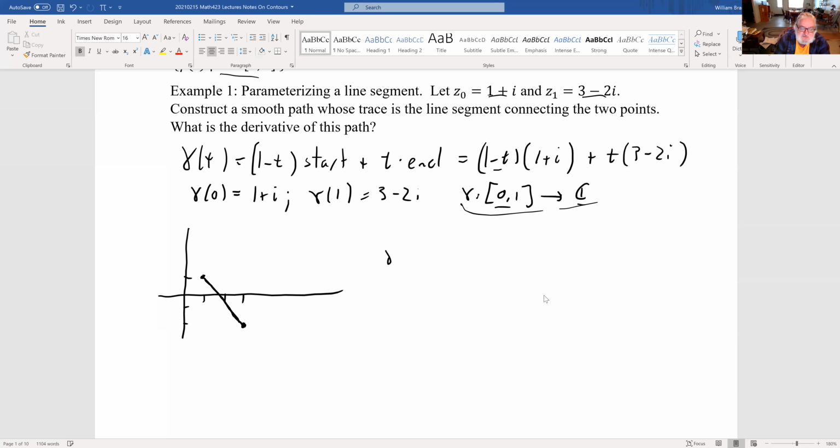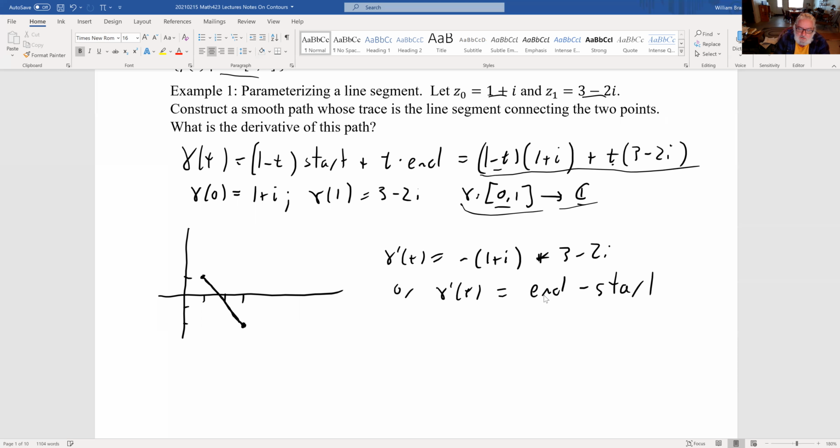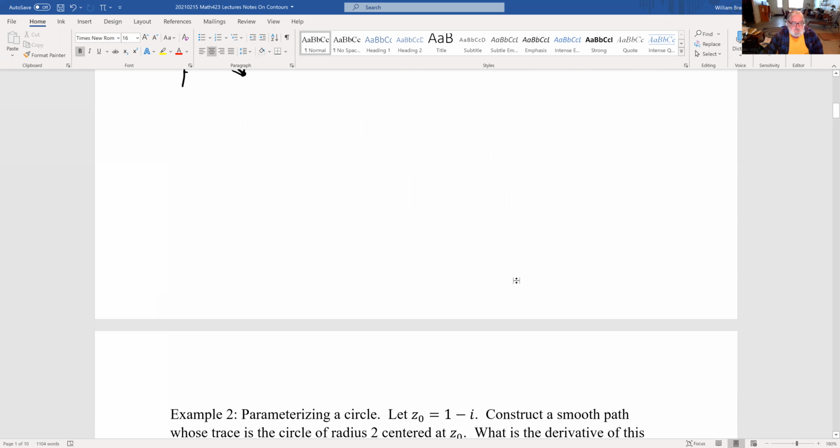The derivative, gamma prime of t: if you differentiate this, we've got a t here, so it's minus 1 plus i, plus, and then we have a t here, 3 minus 2i. So gamma prime of t is end minus start. In fact, gamma prime of t is the vector from where we start to where we end. So that's how we can parameterize the line segment.